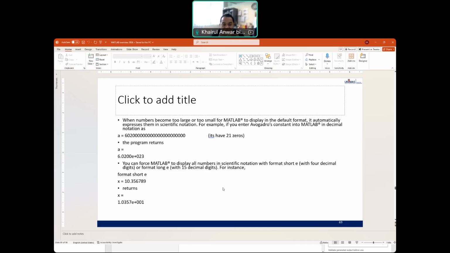You can force MATLAB to display all numbers in scientific notation with format short e, with 4 decimal digits, or format long e with 15 decimal digits. So format short e, format long e. The e there represents the exponent.